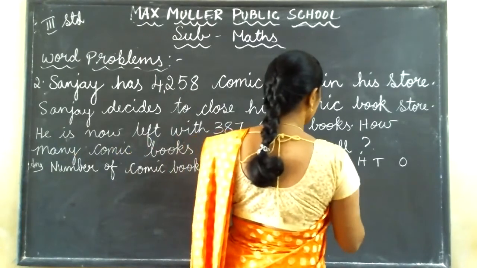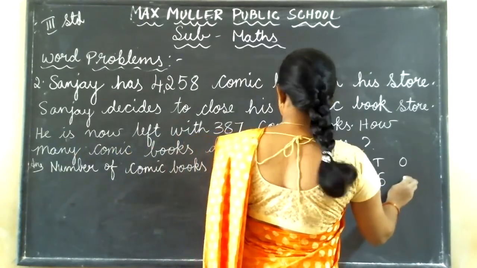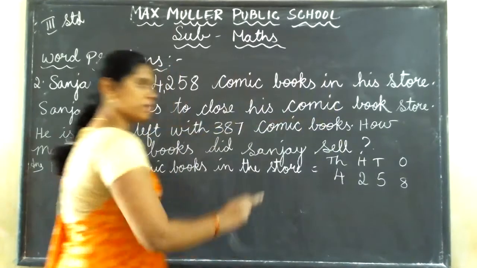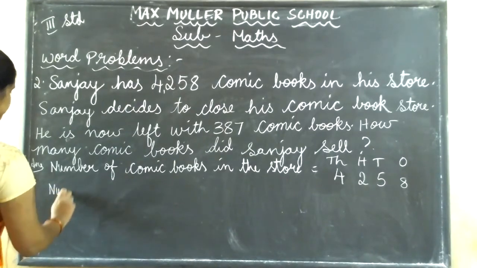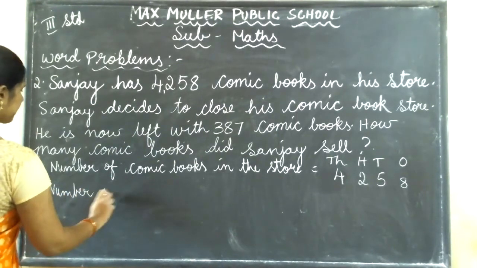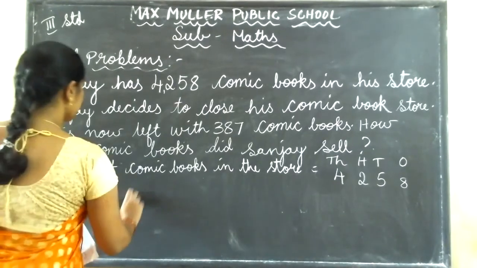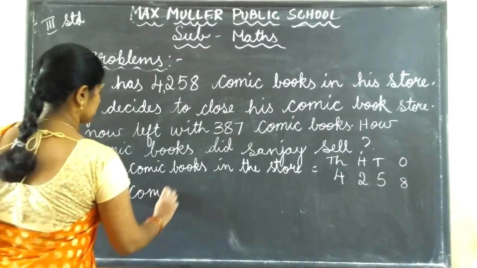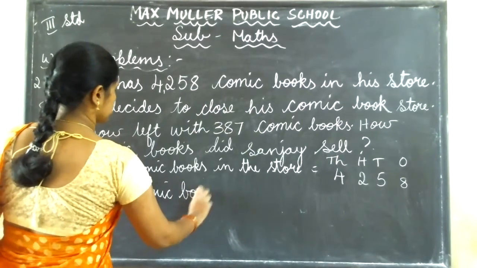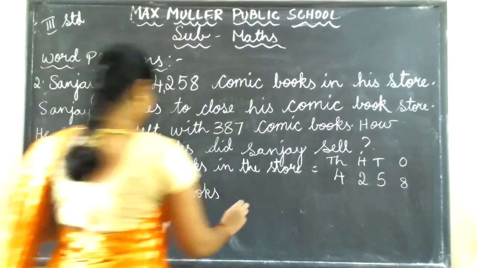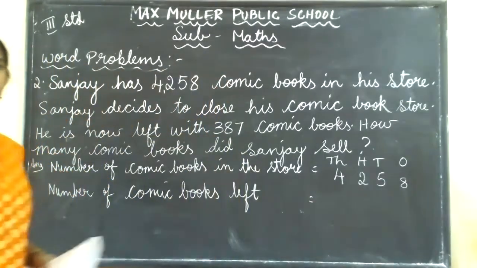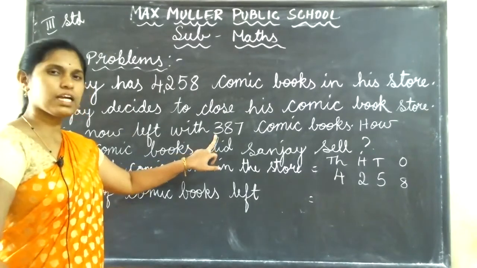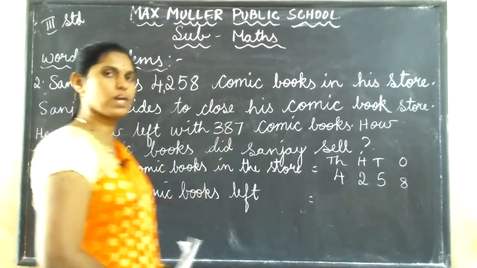So write down 4,258. Next, number of comic books left. How much is he having now, when he is closing the shop? 387.